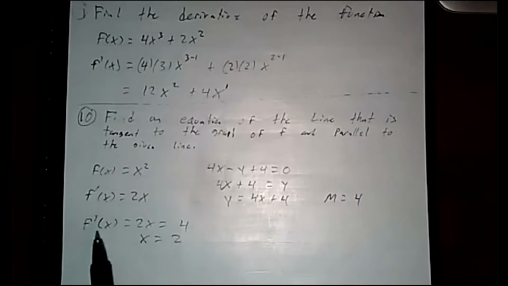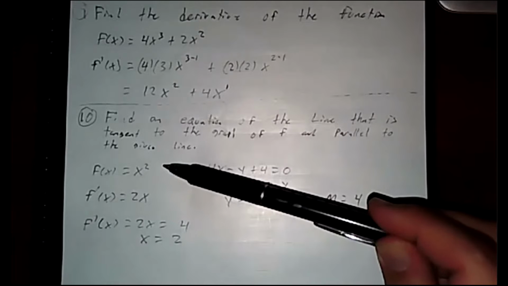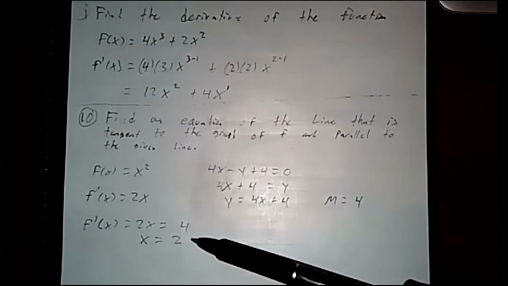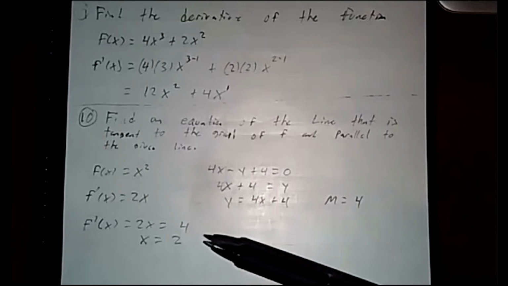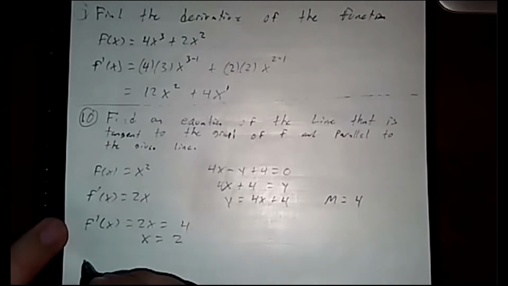So I'm going to set the derivative equal to 4 because that is the requirement, because the derivative gives you slopes, specifically the slopes of the tangent line of the original function. So now I have the x value. I can use the line equation from back in the day to find the line that they're asking for.